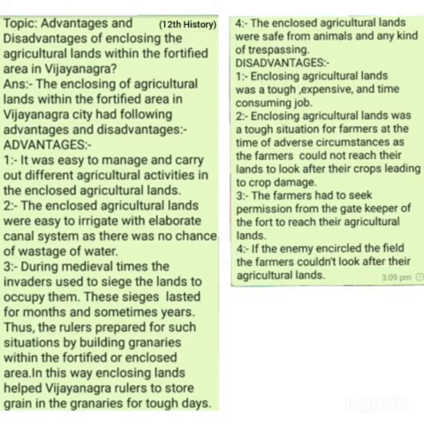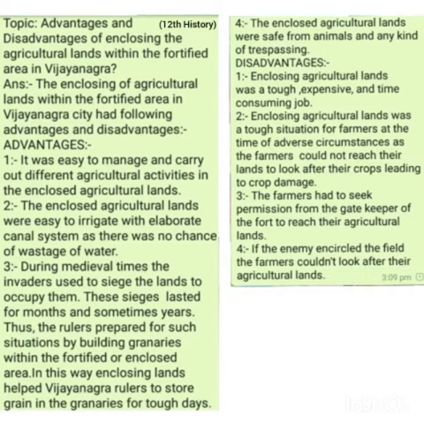Number 3, during medieval times, there were invaders who used to invade cities and areas, and at times the invaders used to siege a city or an area for several months and sometimes for years.